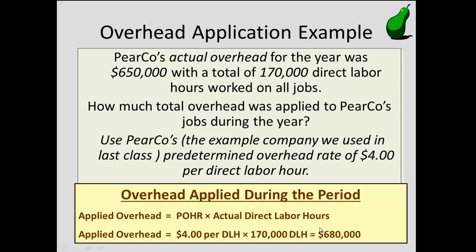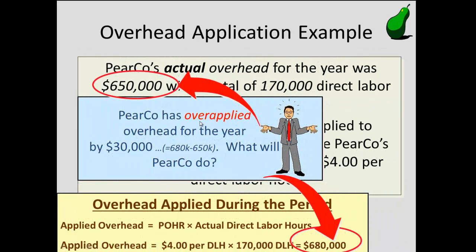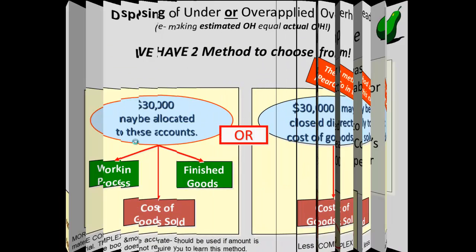So we would have applied $680,000 based on that at the end of the accounting period, or whenever we decided to apply it. So we assigned $680,000. This is based on all the different jobs in total, but guess what? It was really only $650,000. That means that we have overapplied. There's a $30,000 amount that we overapplied.